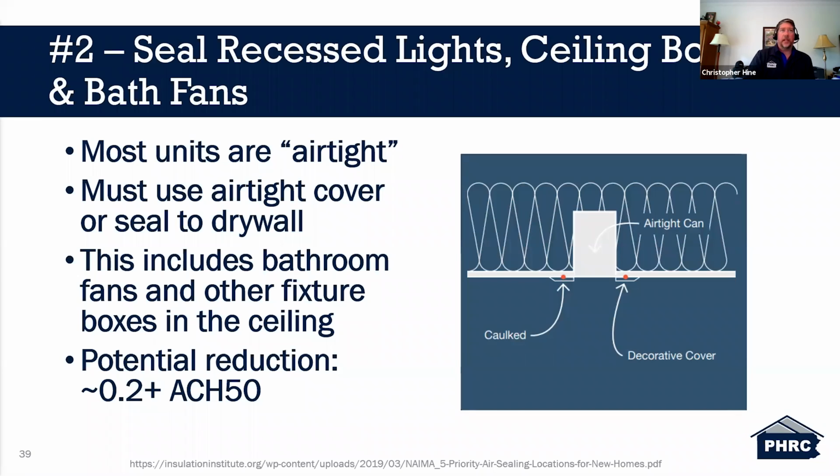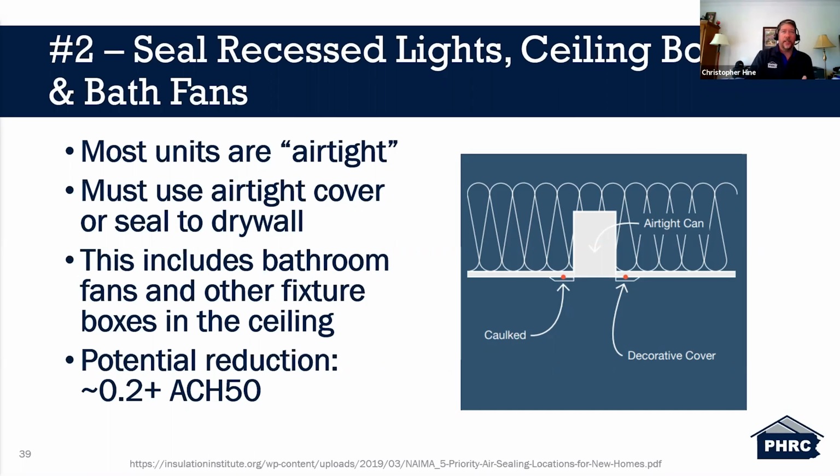The next one here that we want to take a look at is recessed lights, ceiling boxes, and bath fans. Bath fans is one that I believe often gets overlooked. But most units, talking about the can lights here, are not airtight, and you must use an airtight cover that seals to the drywall. And I'll show a picture of why that is.